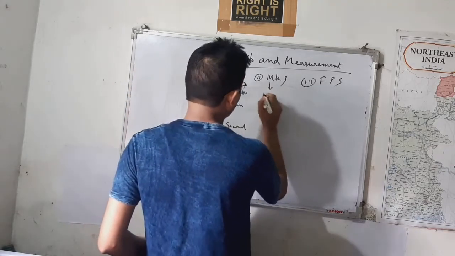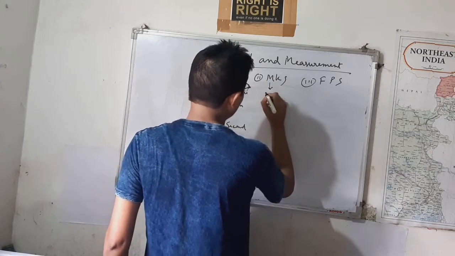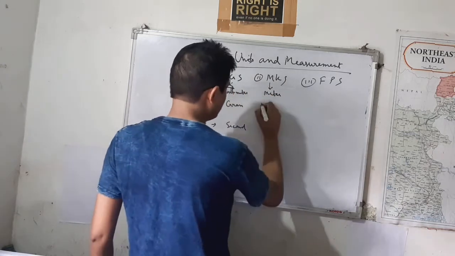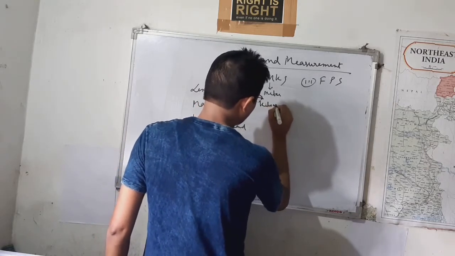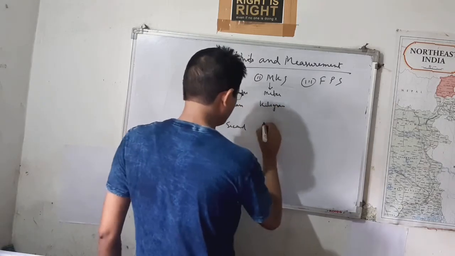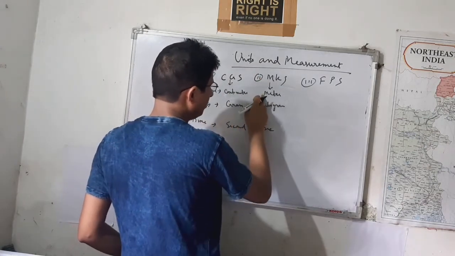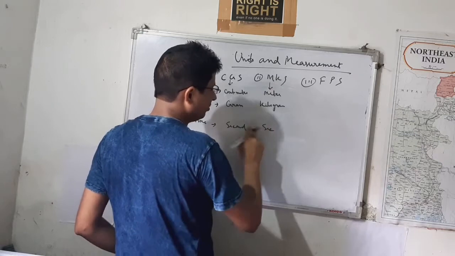In case of MKS, the unit of length is meter, mass is kilogram, and the unit of time is second. So M from meter, K from kilogram, S from second.